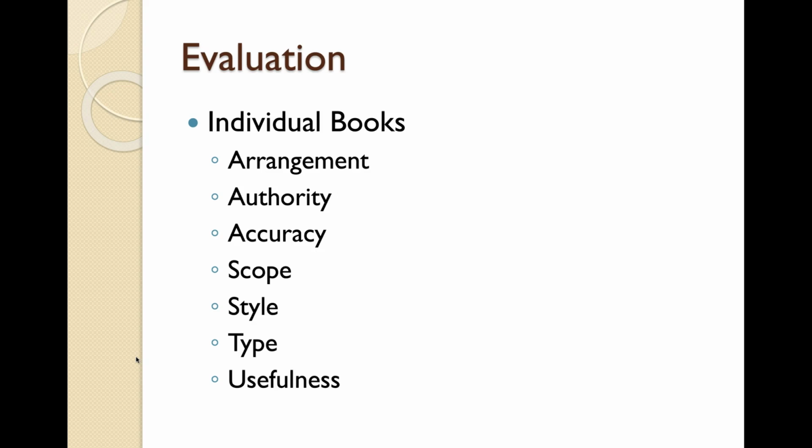Authority is who publishes, writes, or edits the book, and what their reputation is. As you get to know more books, you can get to know the reputation just by looking at a bunch of books, and you'll say, yeah, I know those. There's one series, Scientists in the Field, which is one of my favorite middle grade series, by Houghton Mifflin.